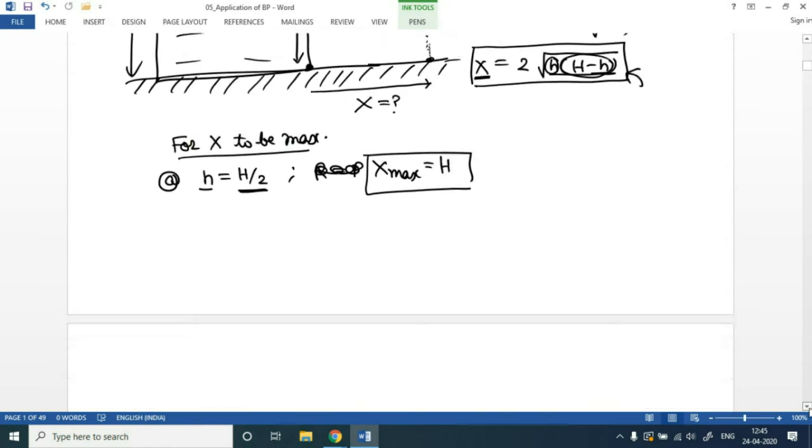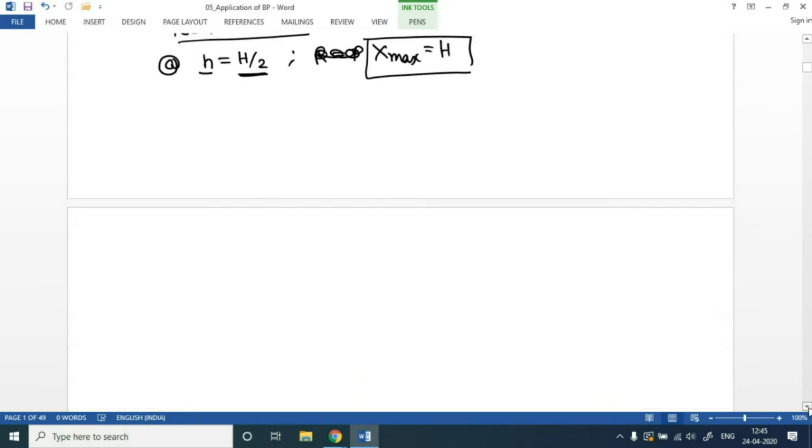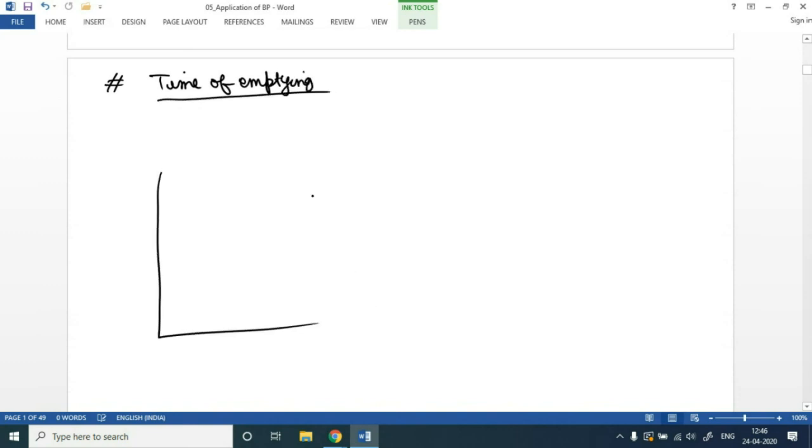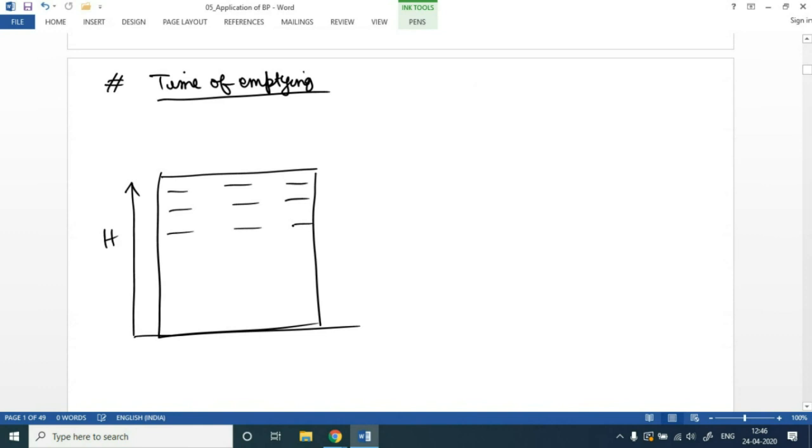Another aspect of this problem is something called time of emptying. Let's say this is the container, and this is completely filled. Let's say the height of the container is capital H, and it is completely filled with liquid.